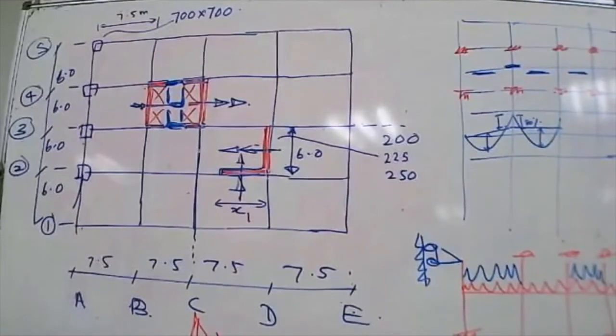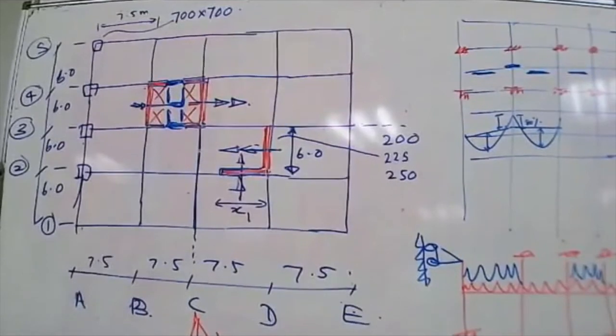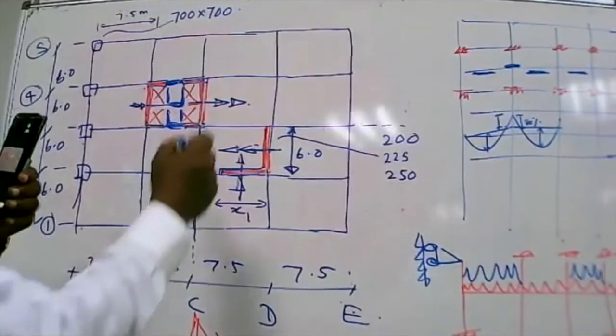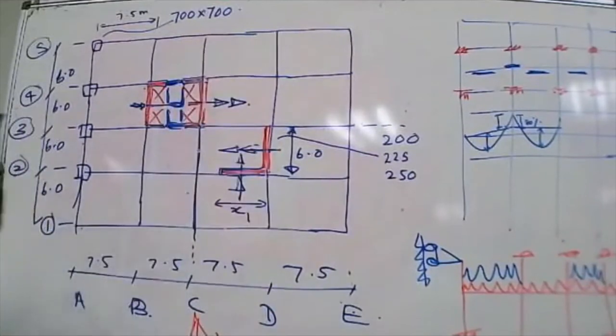So it doesn't matter, because if you can provide enough bearing in the case of the wall, now you can see if you take here, there are walls in both directions, so it will not be a big problem. But if you don't have the wall in the other direction, then you have to be a little careful in detailing. Generally, we don't consider it, because the wall is a very strong element.